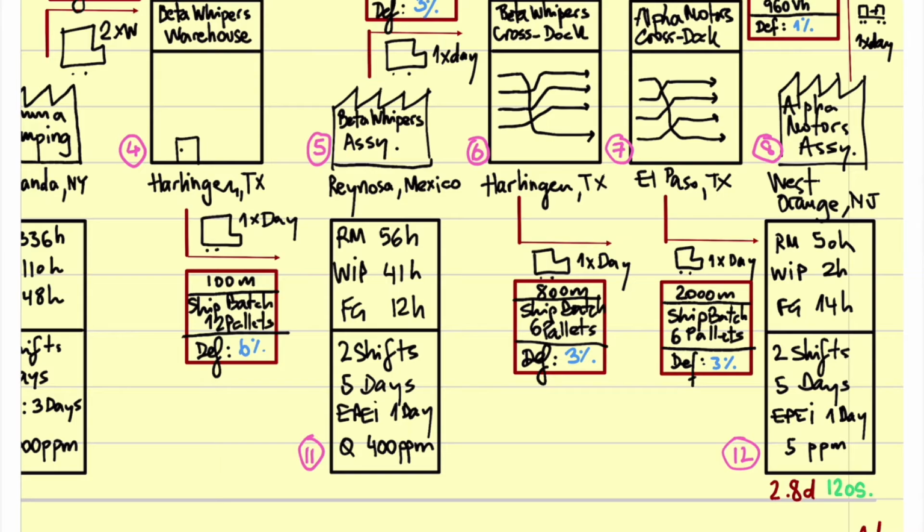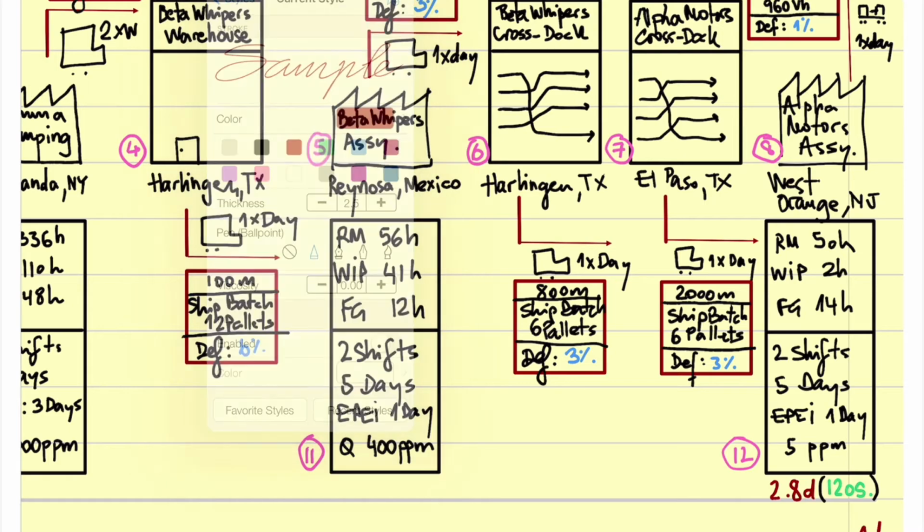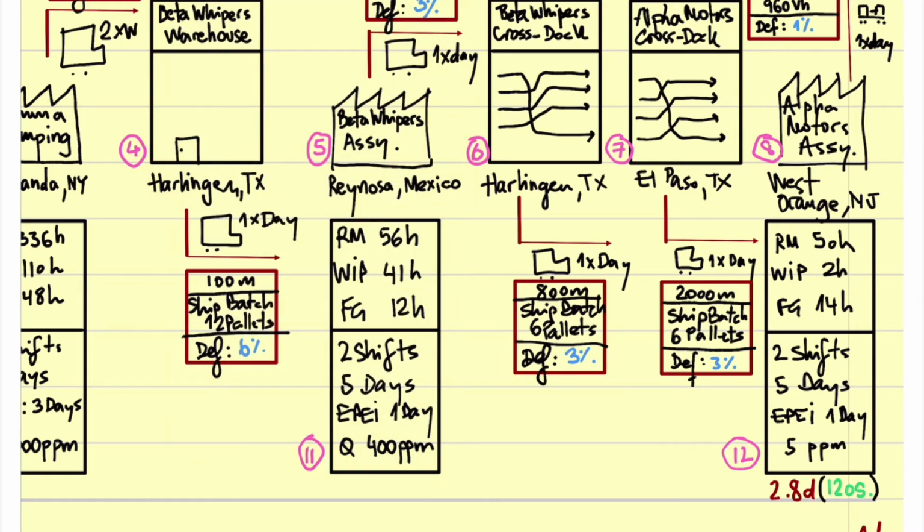Okay, this is the meaning of it. Okay, 2,8 Tage nicht wertschöpfend im Werk und davon sind es 120 Tage, 120 Sekunden wertschöpfend.